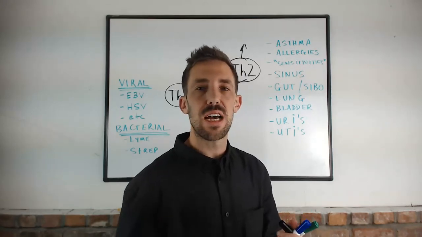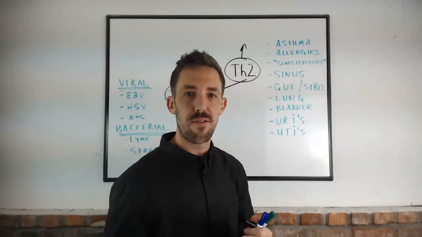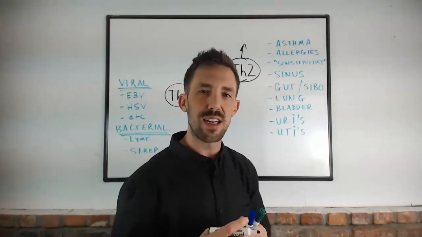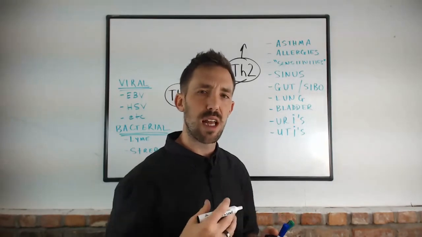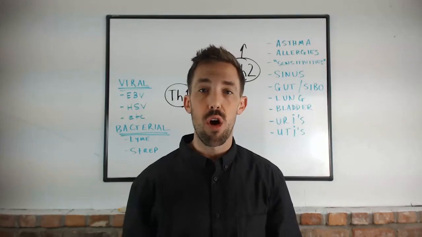These are all signs of Th2 dominance. Upper respiratory infections too. So somebody that's getting sick all the time, and we're going to talk about the other side of the teeter-totter too, but somebody that keeps getting chronic sinus infections. And for me growing up, I had sinus infections all the time.